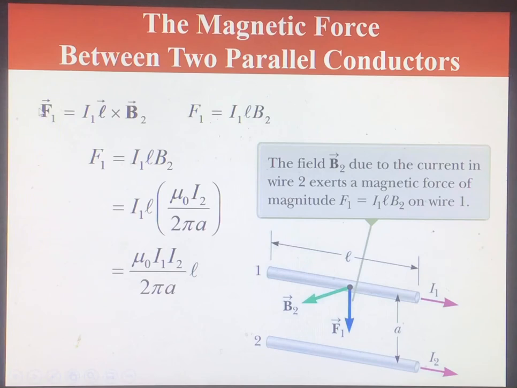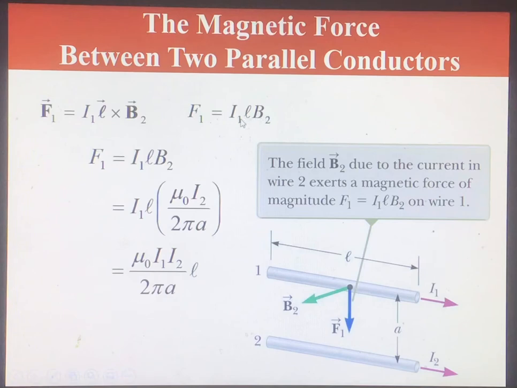I can calculate the force using this equation. The vector F1 is I1 times the length vector L cross B2. In terms of magnitude, F1 is equal to I1 times L times B2.